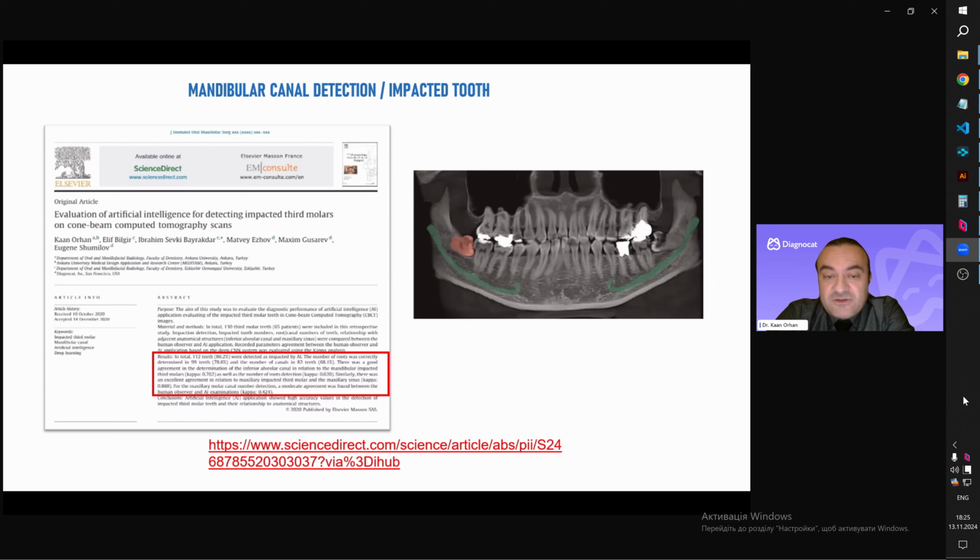And we asked DiagnoCat to detect the relation of the impacted teeth together with the anatomy, and right now the diagnosis is over 90% correct, and DiagnoCat can tell you whether the extraction is going to be difficult or not. We have models for the prediction of difficulty as well.